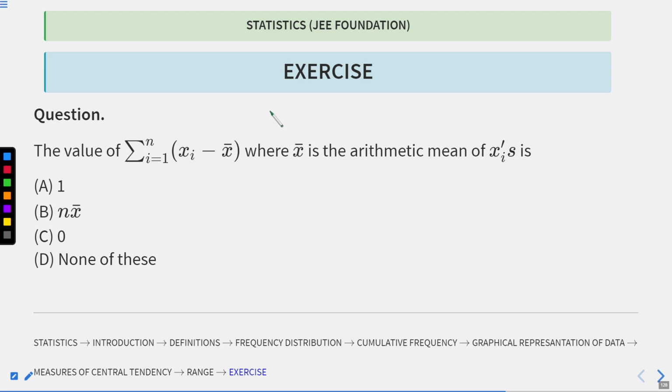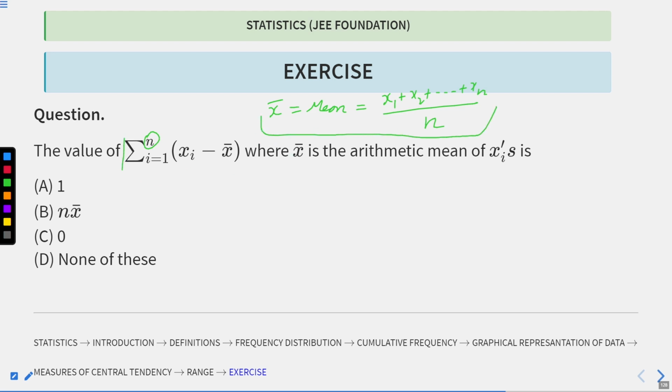I know that x bar is the mean, that means it is the mean of some observations. From this I can say the total number of observations are n, and the sum of observations might look like this, x1 plus x2 till xn. So my mean is looking like this.